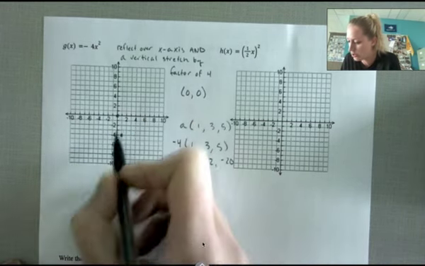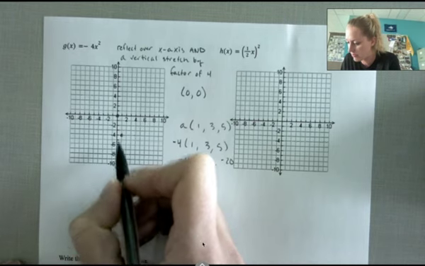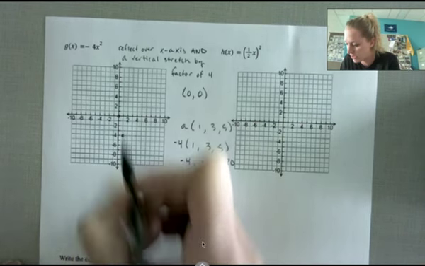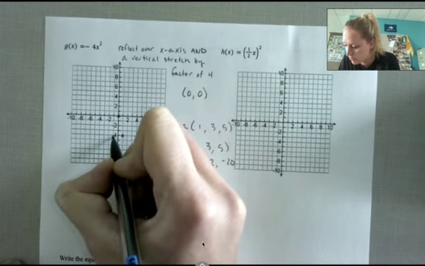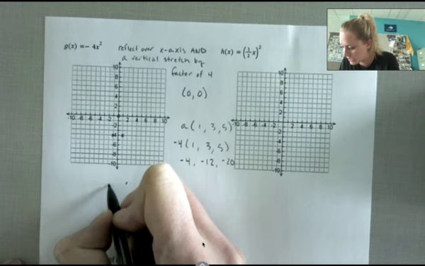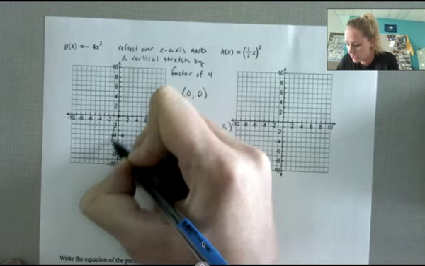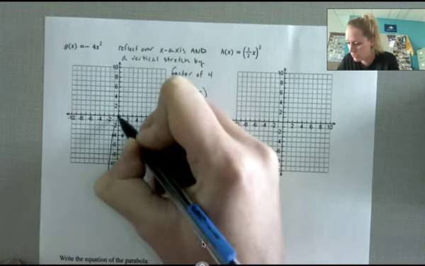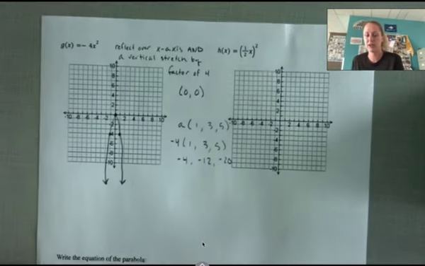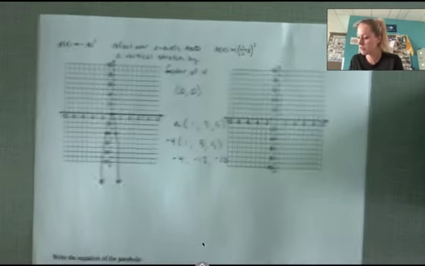And then I would go down 12 and over 1. And we're going to be off the grid here, so I might just roughly estimate. This one's going to be nice and skinny. All right. Okay, so there is the graph of -4x squared.